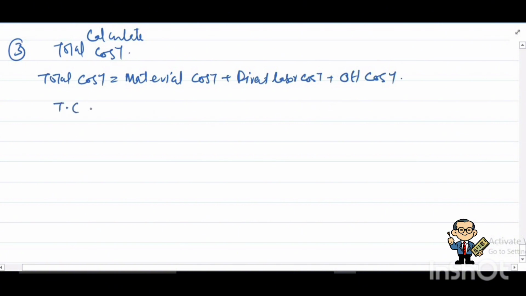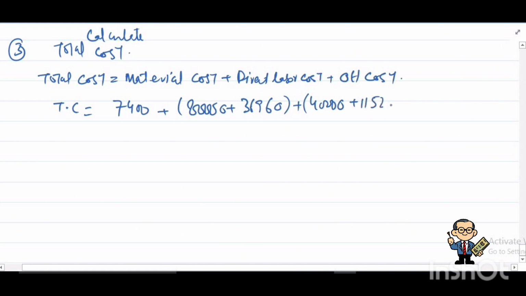If we do the calculation, the figure for material was 74, and then we have direct labor 80,000, plus 36,960, plus 40,000, and then plus 1520.